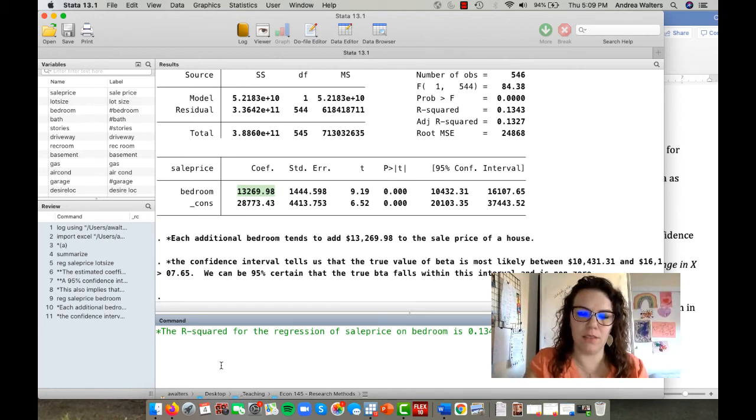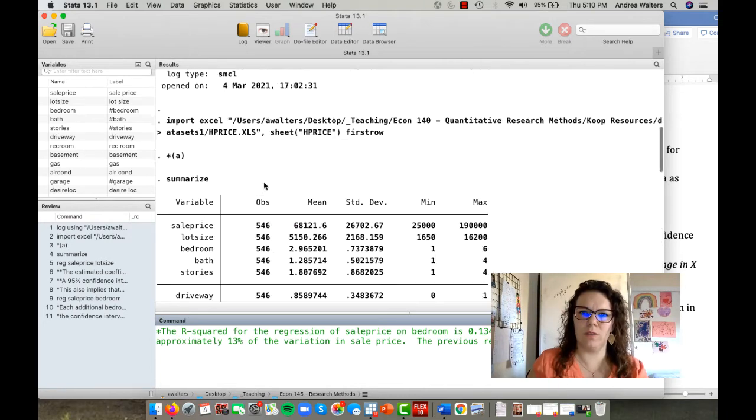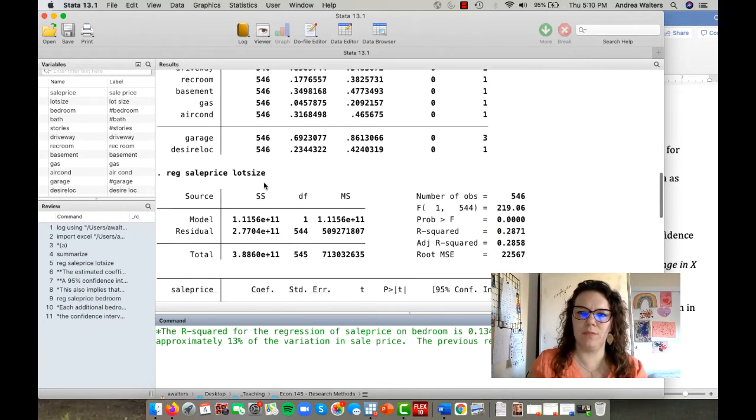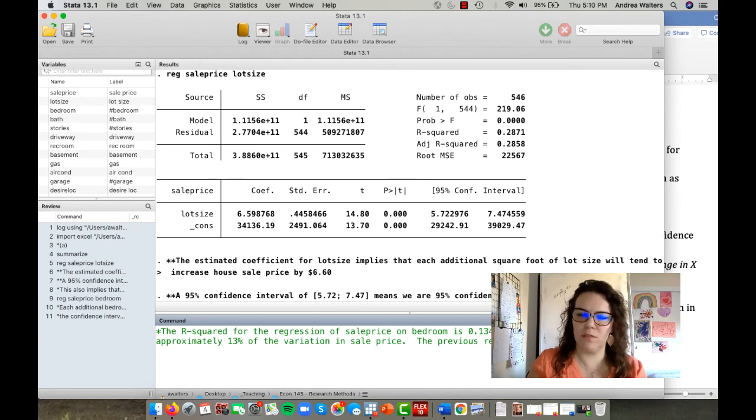Meaning this model explains approximately 13% of the variation in sale price. The previous regression model explained about, was it 27% or 28%?